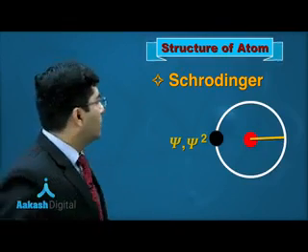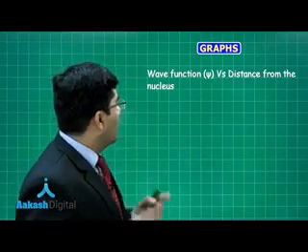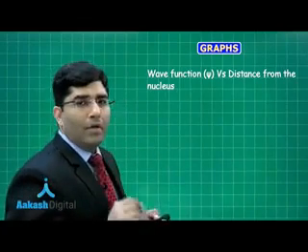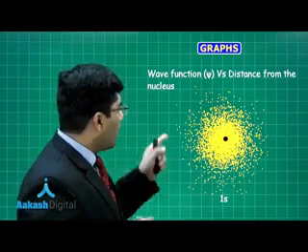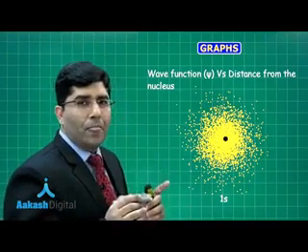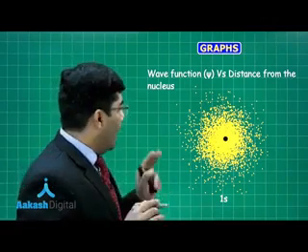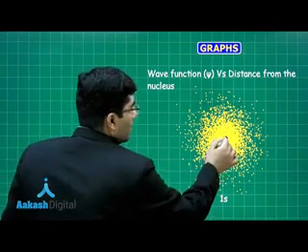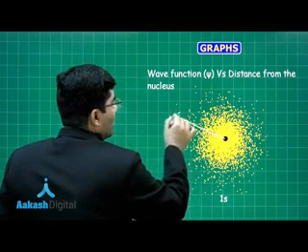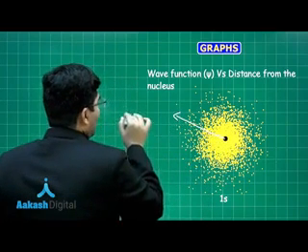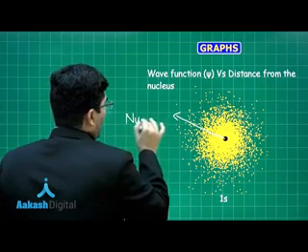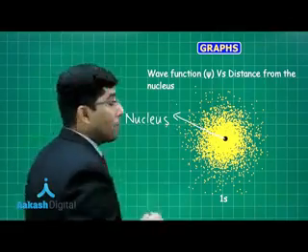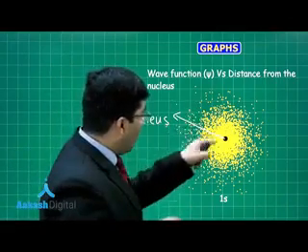Let's start with the graphs, and the first graph is between xi and the distance from the nucleus. Now, this is 1s. 1s belongs to the K shell, and you can see here this black dot is the nucleus. Is the electron revolving around it?